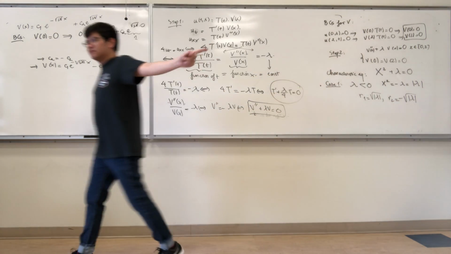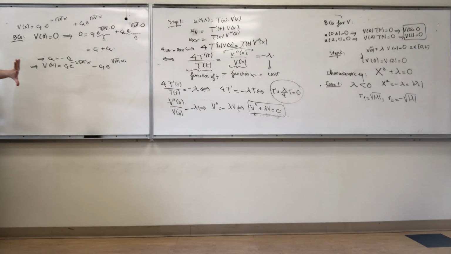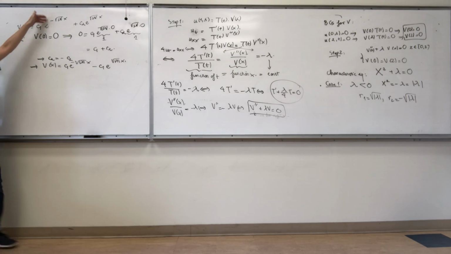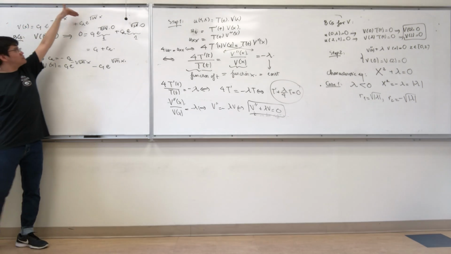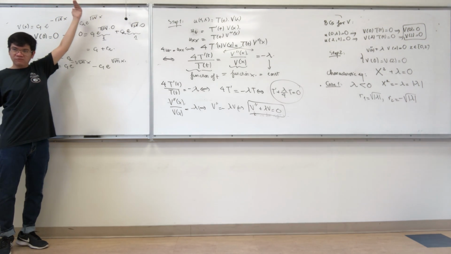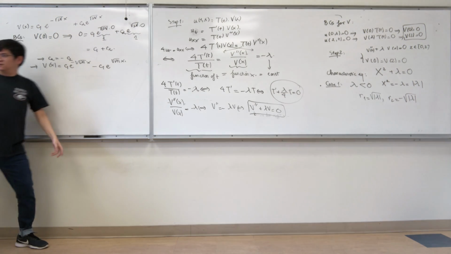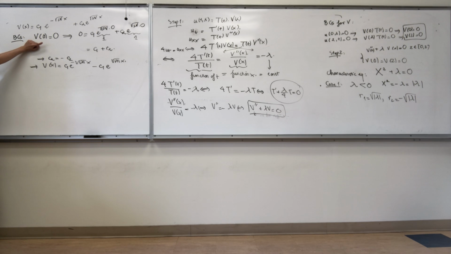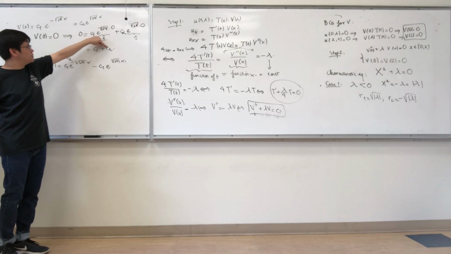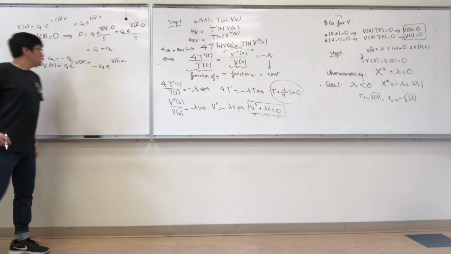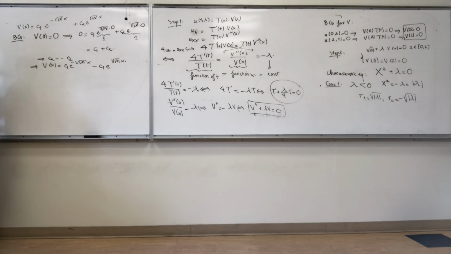In general, when the two roots are all reals, you don't have eigenvalues and eigenfunctions, right? To see that, I suppose that V is C1 exponential of minus square root of lambda x and C2 exponential of square root of lambda x, right? I'm gonna use the boundary condition at 0. So V of 0 is 0, which means that 0 is C1 plus C2 because I replace x with 0 here. So I found C2 is minus C1.